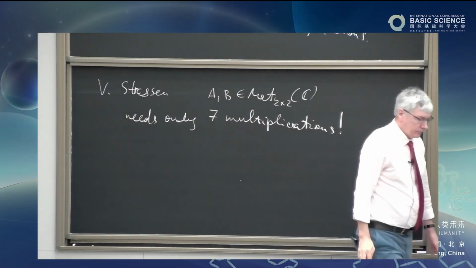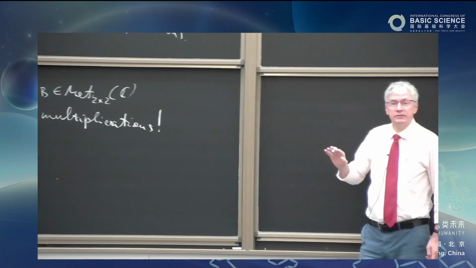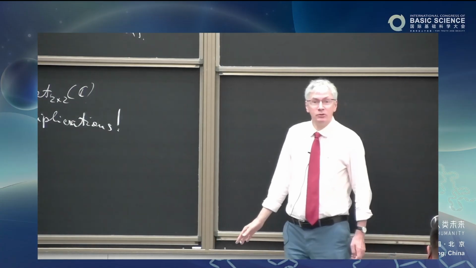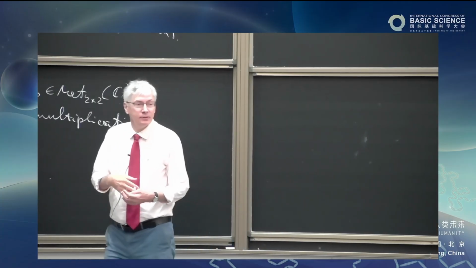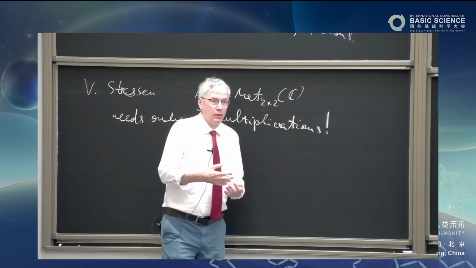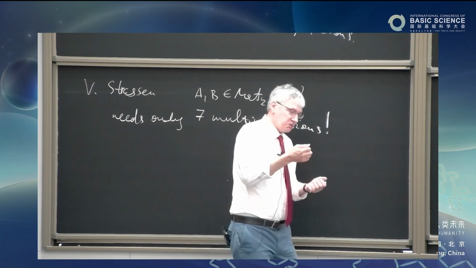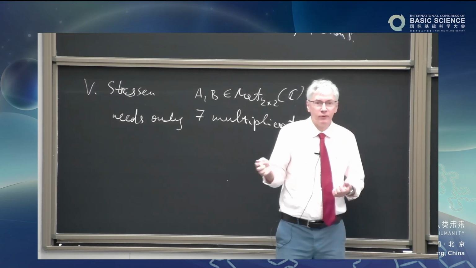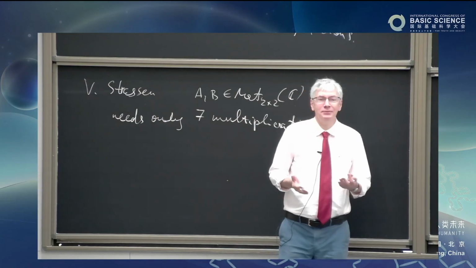He actually tried to prove that fewer than 8 multiplications is impossible. He went to finite fields to construct some invariant, taking p equals 2, 3, 4, 5, and so on, and his invariants didn't work.